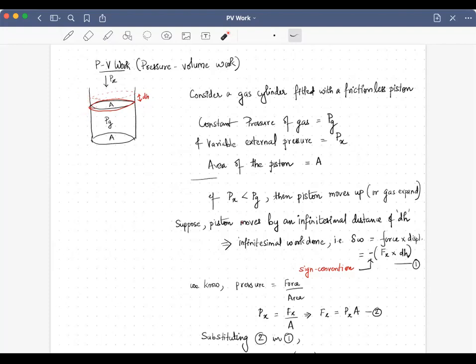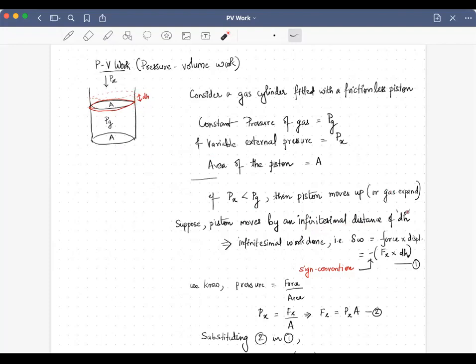Suppose during this upward motion we consider a point where the displacement that this piston has undergone is very, very small, that is, an infinitesimally small distance it has traveled in the upward direction.